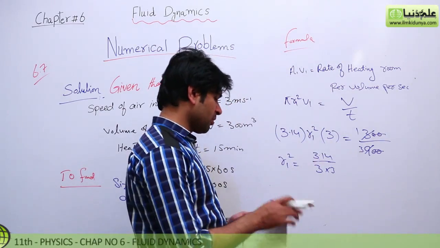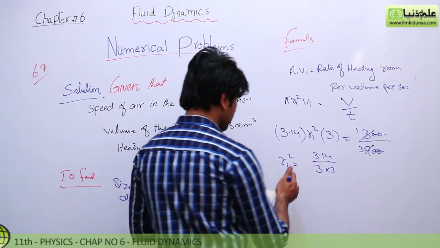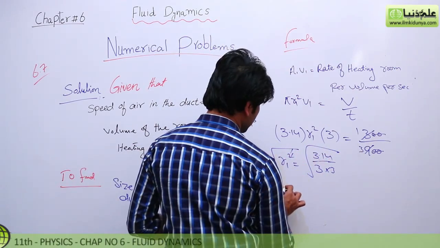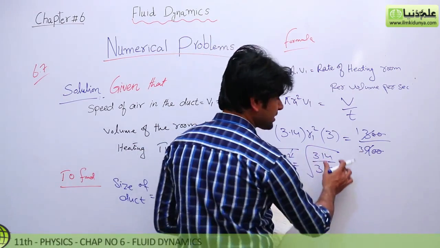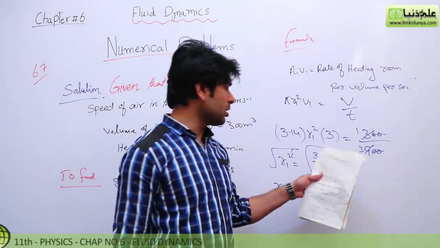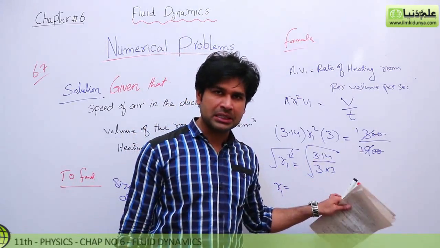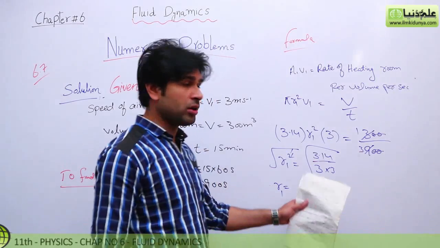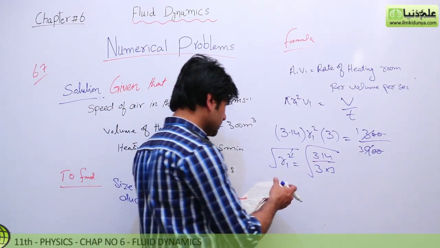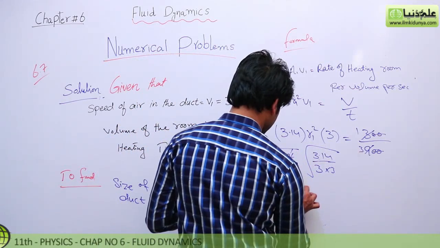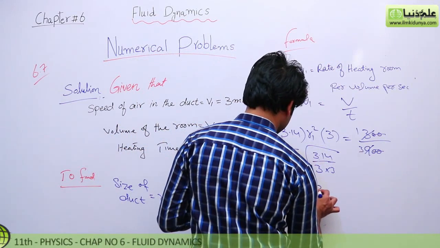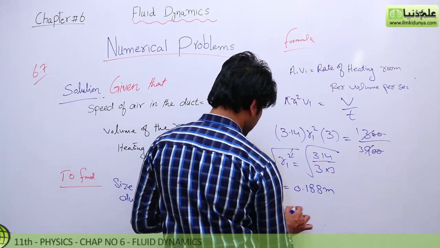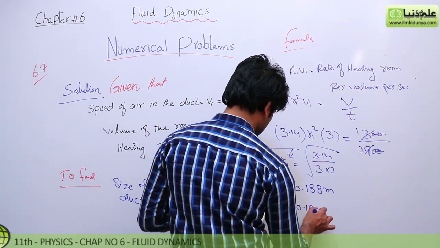Now students, when we solve this by taking the square root on both sides, the square cancels the root and we get R1. In the denominator we will multiply 3 by 3, this will be 9, and 3.14 taking the ratio, and then we will take the root and it becomes 0.188 meter, which is approximately equal to 0.19 meter.